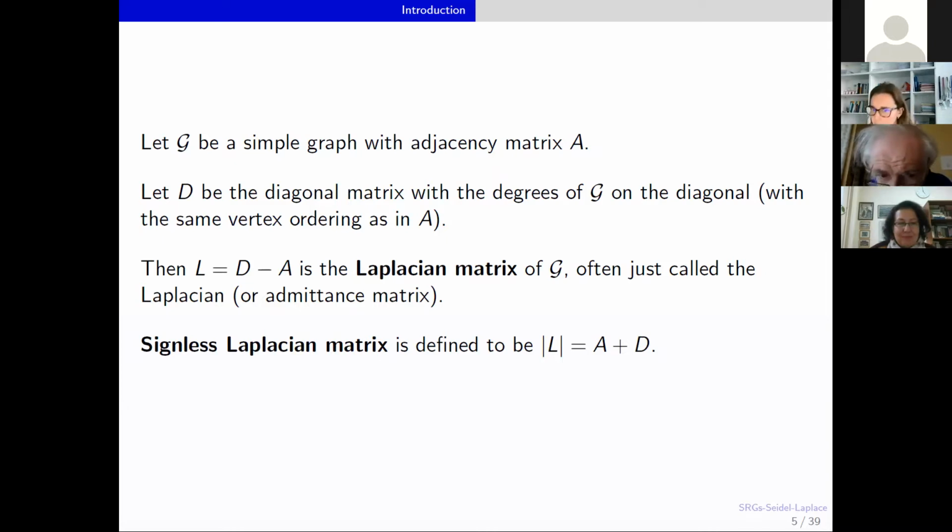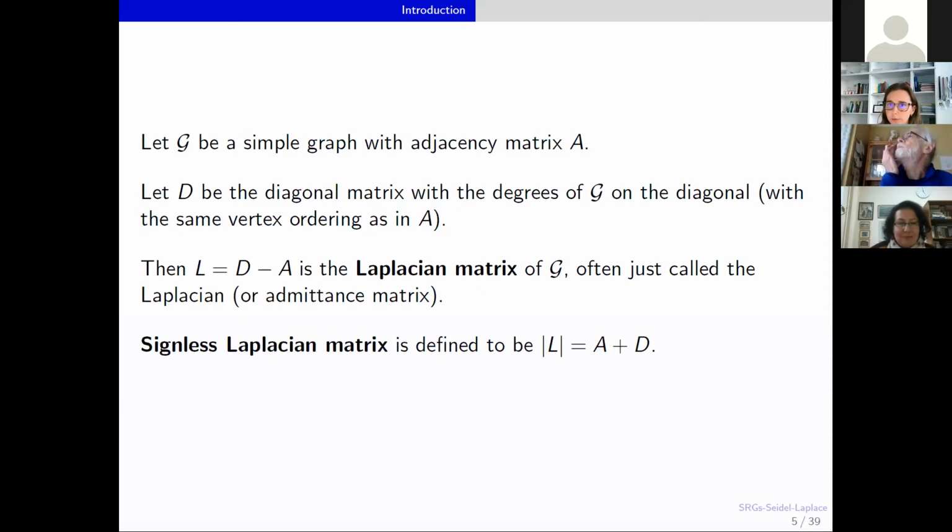Very similarly, the signless Laplacian matrix is defined as the adjacency matrix plus the diagonal matrix which has the degrees of this graph on the diagonal.